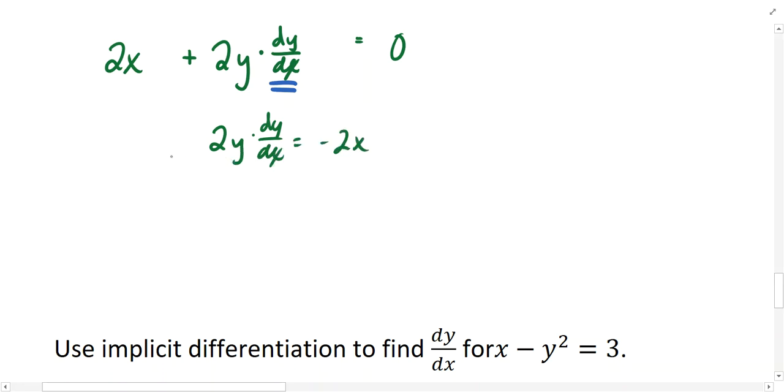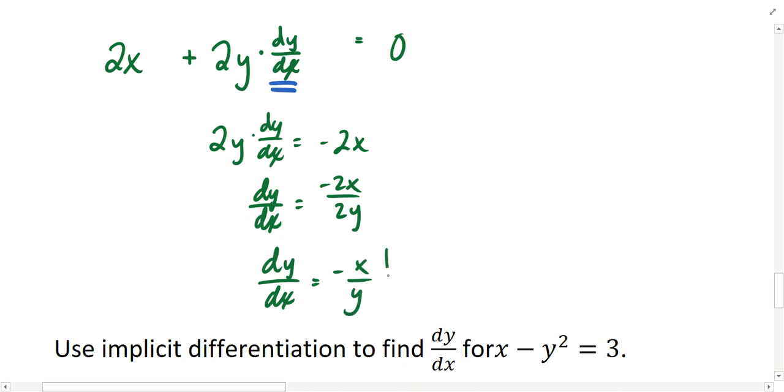Then I'll divide both sides by 2y, and now I've got dy/dx, the differential of y with respect to x, equals negative 2x over 2y. And if we simplify, dy/dx is of course negative x over y.